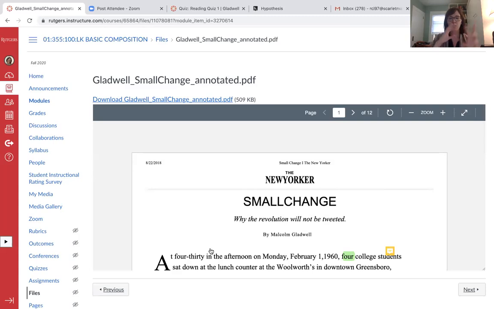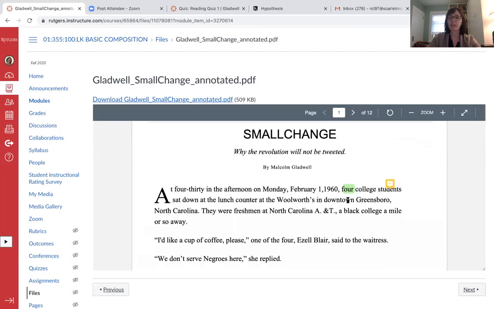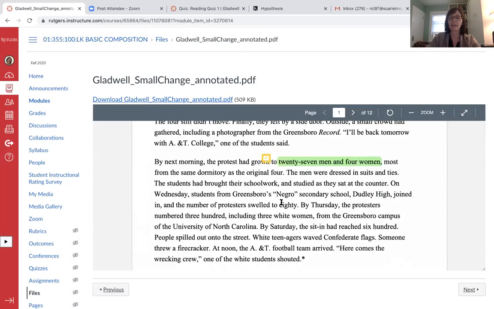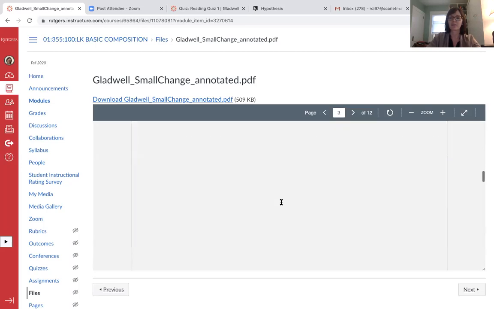So it kind of tracks the structure of the article. And so we only really become aware of the structure on the second or third or fourth or fifth reading, right? So just keep that in mind when you're reading through them. Okay, so just to give you a little preview here, if you hover on the comments, you'll be able to see the annotations there, and it tracks us through.